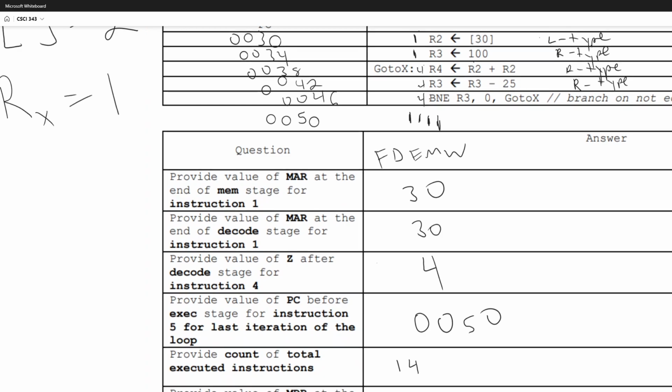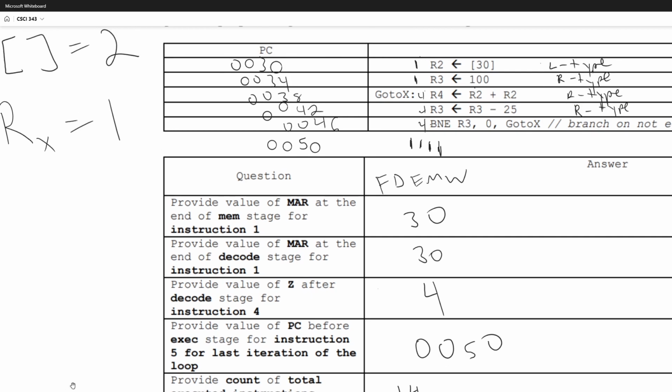Provide value of MDR at the end of decode stage for instruction 3 for the first iteration. Instruction 3 is this R4. Yes, 2 plus 2. MDR.